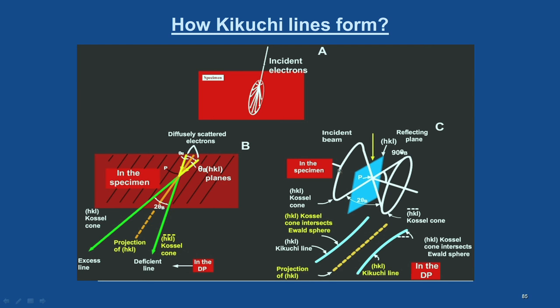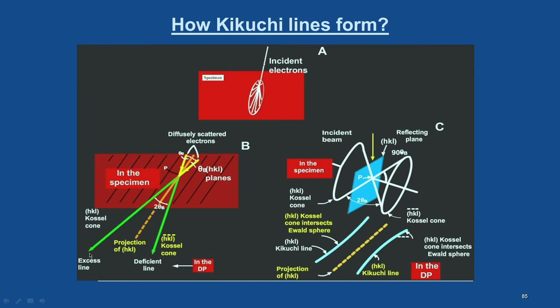So, if you assume this and then come back to the diagram we have just discussed, for convenience we can imagine it like this in 2D. This is the specimen, you have these HKL planes where the electron beam comes, and then it produces a cone here.